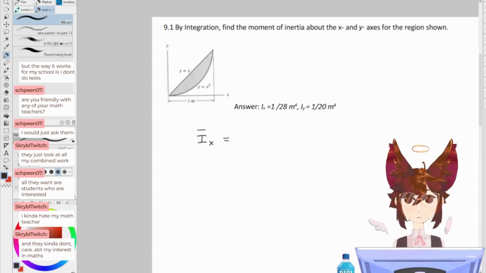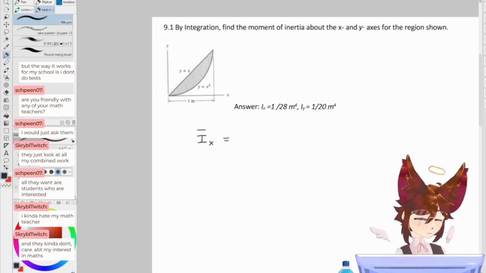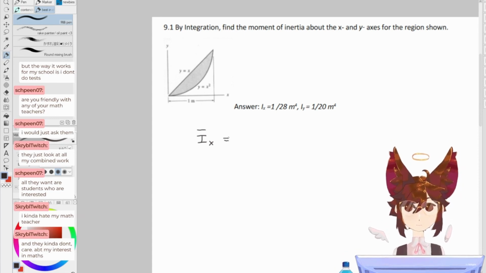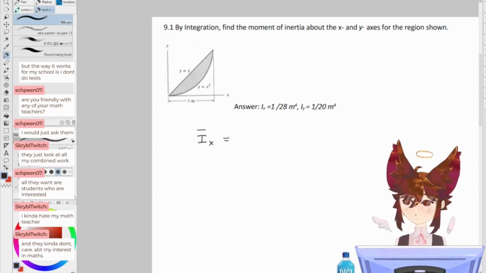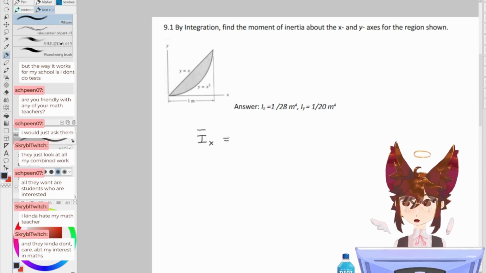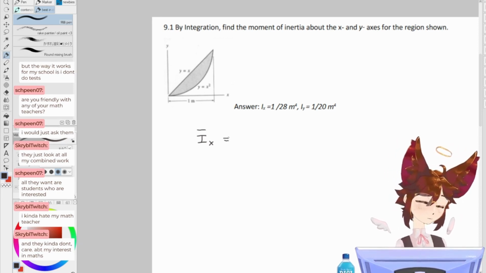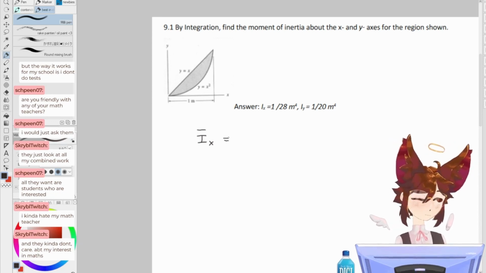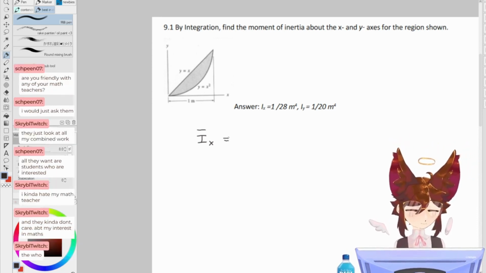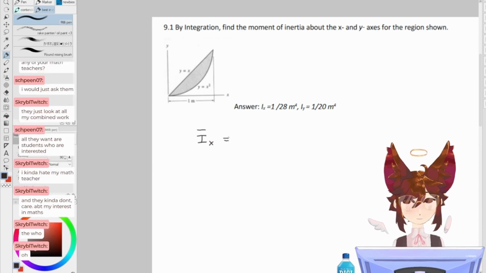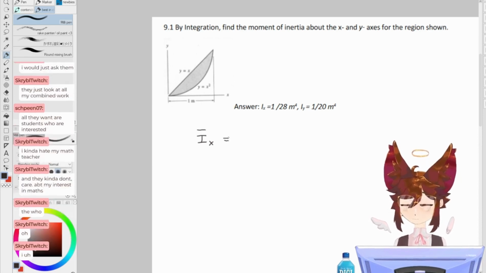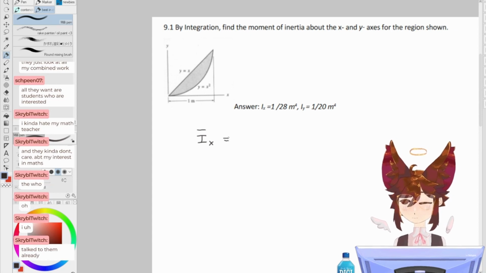Alright. They kind of don't care about your interest in math? What? What the heck? That's awful. Can you talk to maybe the department head or something? Like, whoever's in charge of all of the teachers, essentially? You talked to them already?